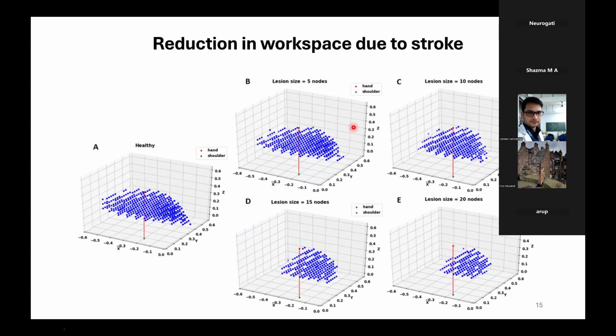This plot is the same plot in a different form: it only shows those points that are easily accessible to the arm, and you can see that the workspace keeps shrinking as the size of the lesion increases.